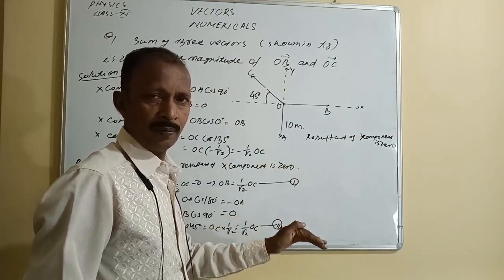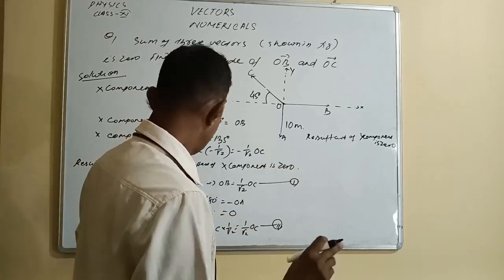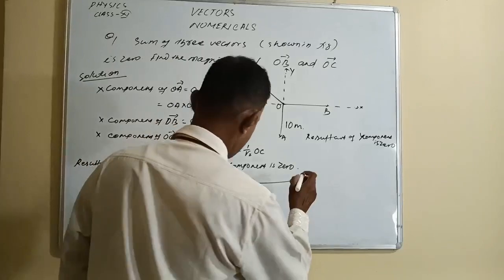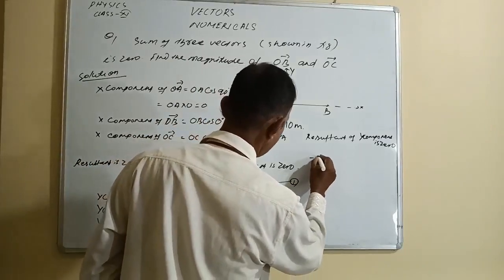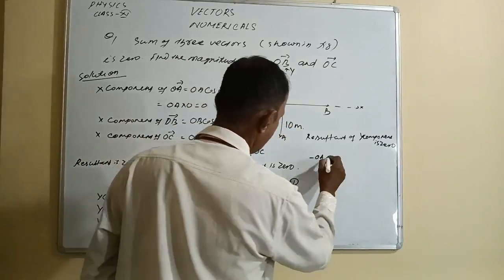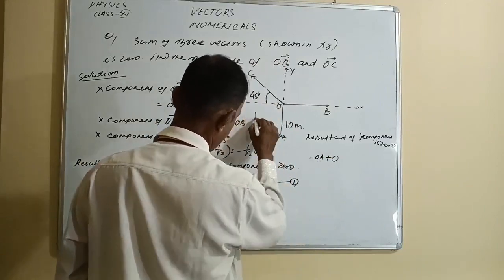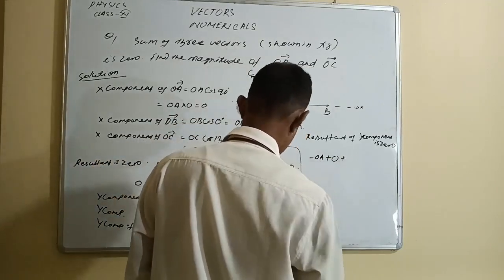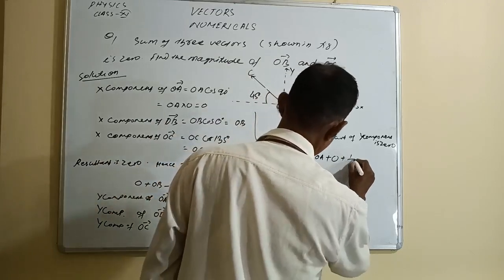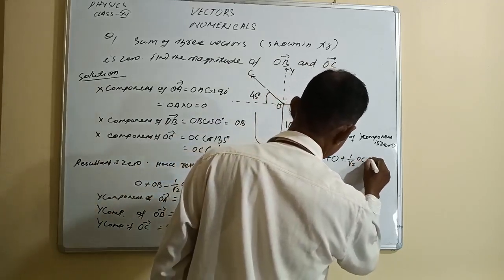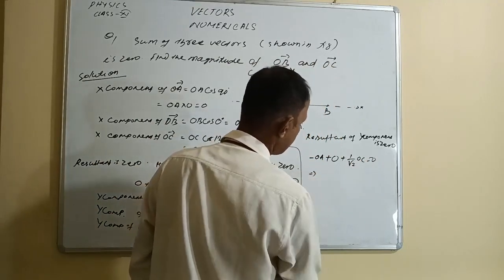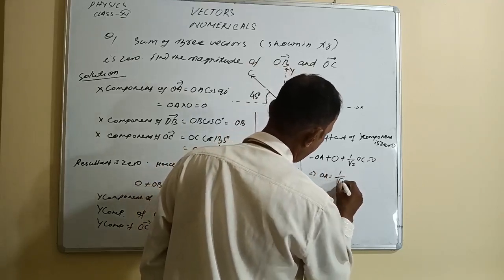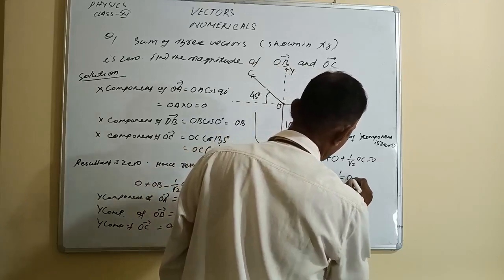If I take the y component, its result will be 0. So I can take this as minus OA plus 0 plus 1 by root 2 OC is equal to 0. This implies that OA is equal to 1 by root 2 OC.